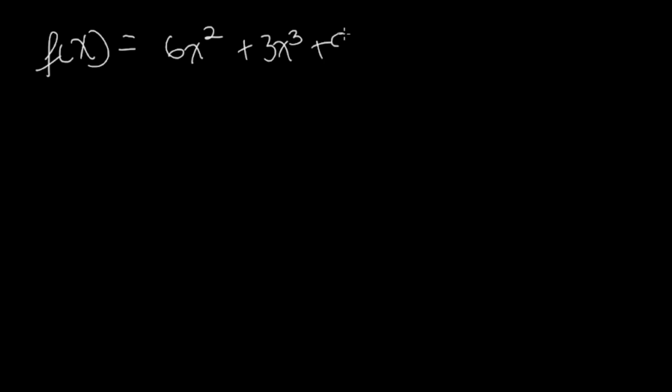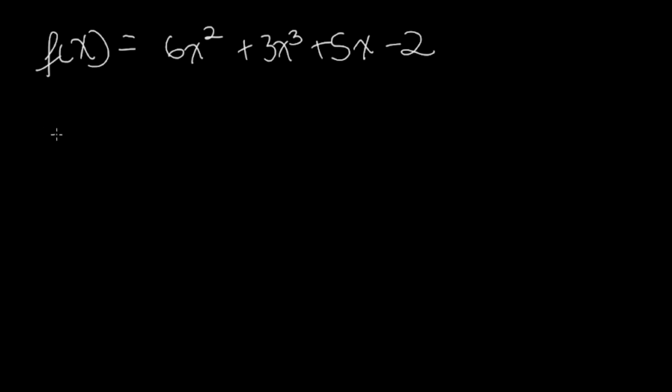Alright, so now with that logic, let's say we have a question like this. This is a polynomial. So let's start it like this. The f of x is equivalent to 6x squared plus 3x cubed plus 5x minus 2.